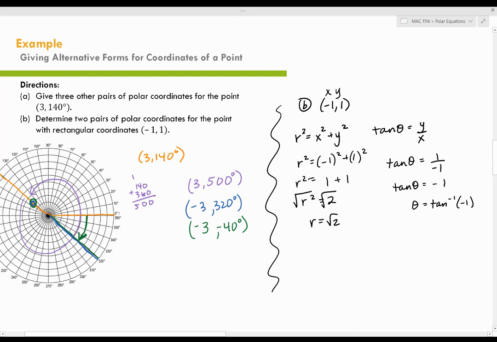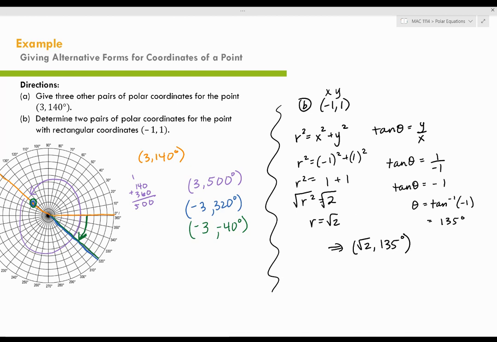I'm looking for an angle that has a tangent value of -1, and I could say 135 degrees. So an equivalent point in the polar system for (-1, 1) would be (square root of 2, 135 degrees). Now the directions said they wanted 2 pairs.